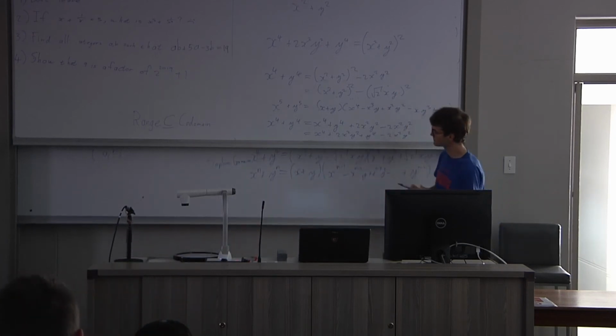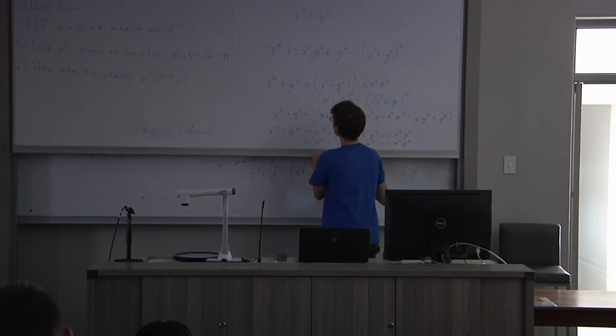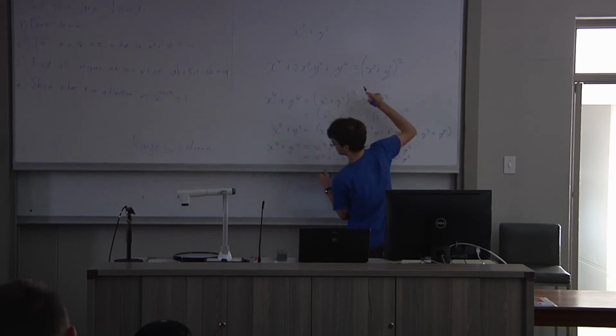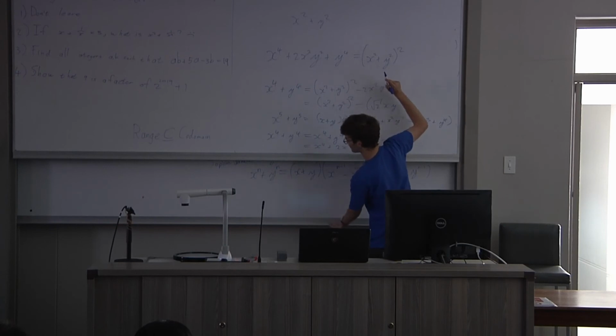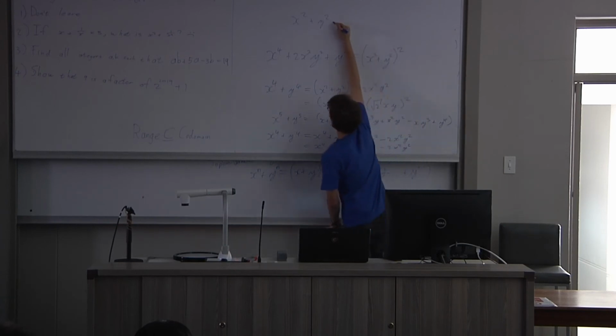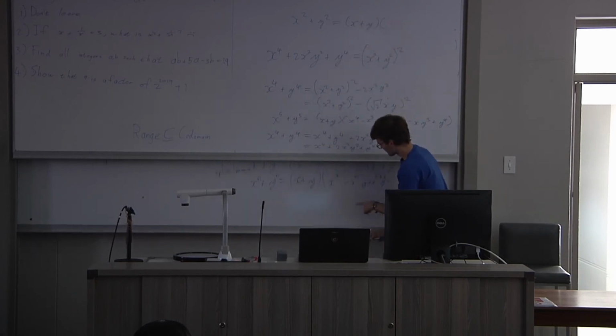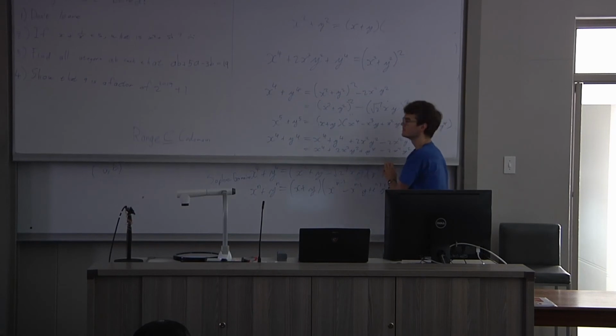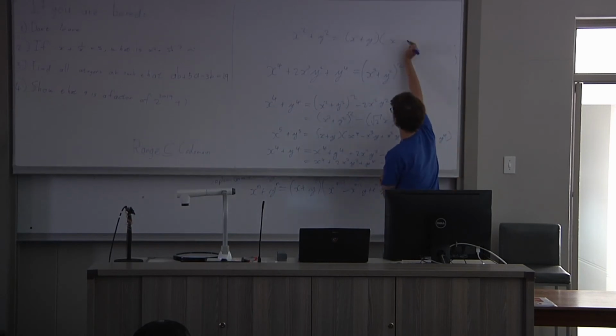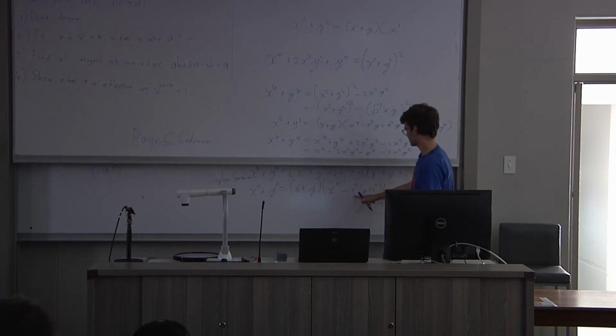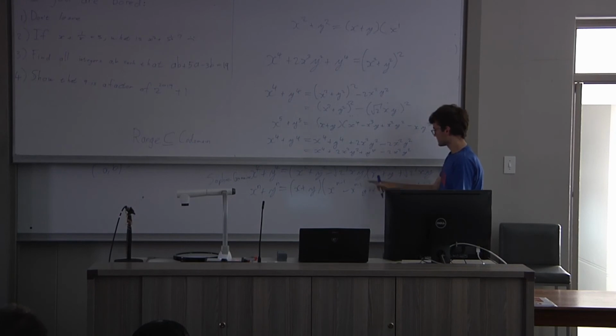Well, according to the formula, it would be x plus y times x to the n minus 1, which would just be x to the 1, minus x to the n minus 2, which would be x to the 0, times y to the 1.